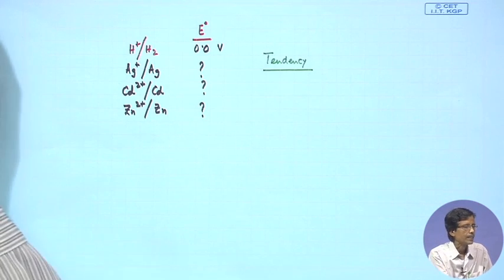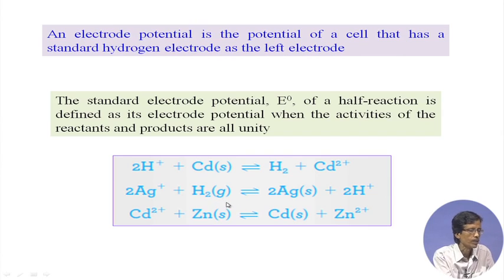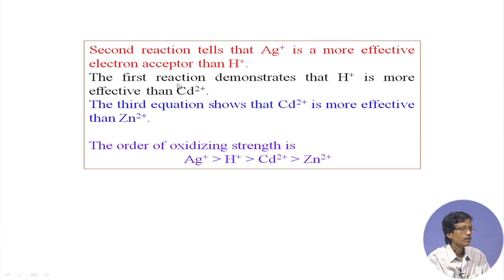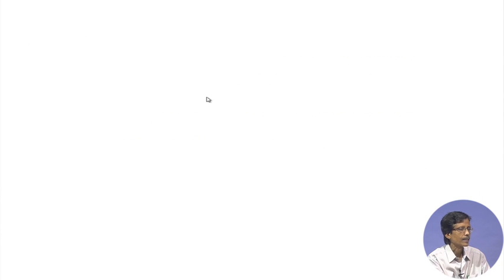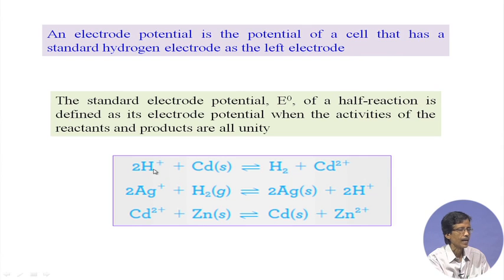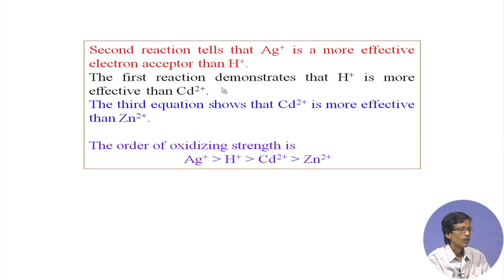By looking at these, some important information we can gather without knowing the quantitative magnitude of E0 values. The first reaction is the reaction of H plus with metallic cadmium. The first reaction demonstrates that H plus is more effective than cadmium 2 plus in terms of electron acceptance, that means it can function as the oxidizing agent.